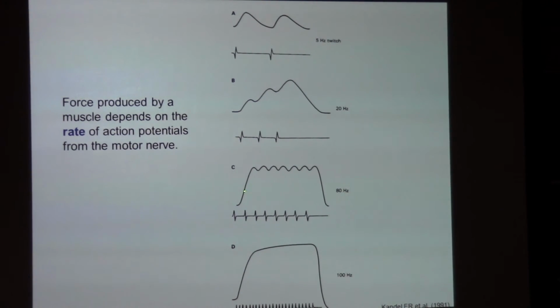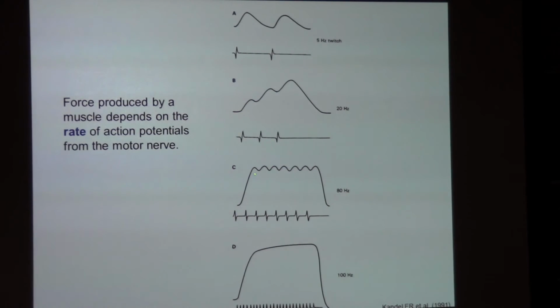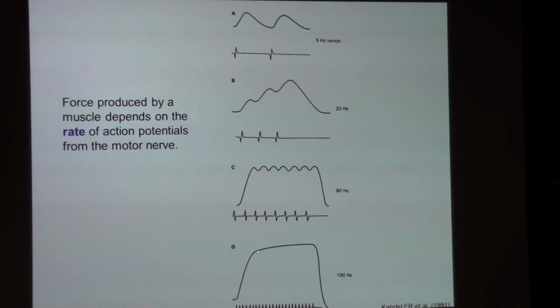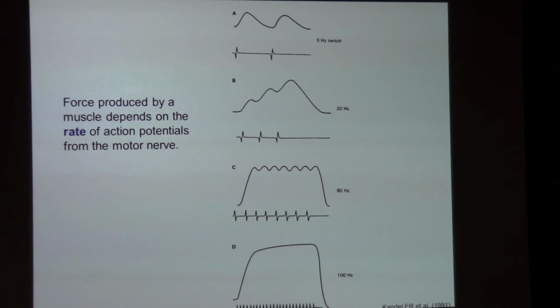At 80 hertz, there is less time for the force to decay, it gets built up some more, and then when the motor neuron is firing maximally, say at 100 hertz, the force has no opportunity to decay, the twitch never falls, and so you get this condition called tetanus. That's when you're maximally activating. So one way by which your nervous system can control the force that's being generated is by the rate of activity in the motor neurons. When the rate is higher, there's a greater amount of force that's generated.